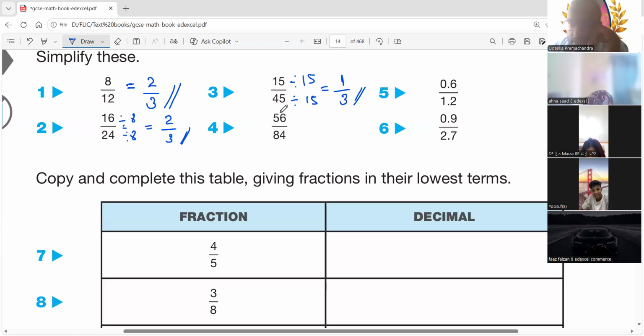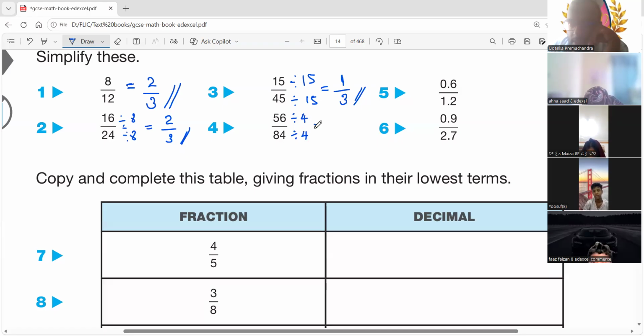Here, which value can you divide both by? You can divide both by 4, no?